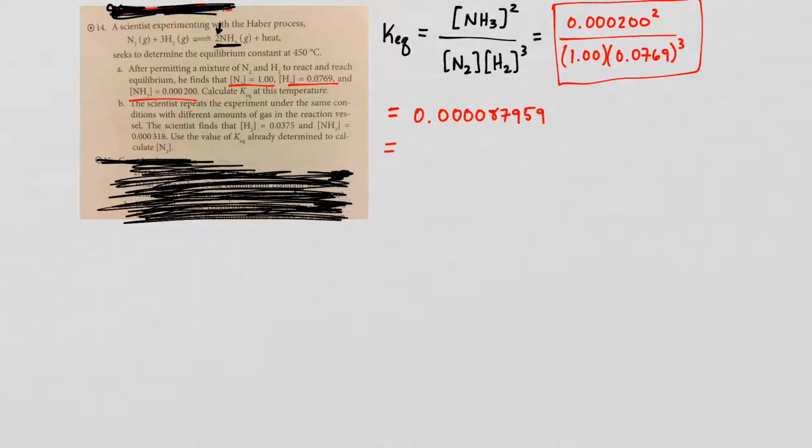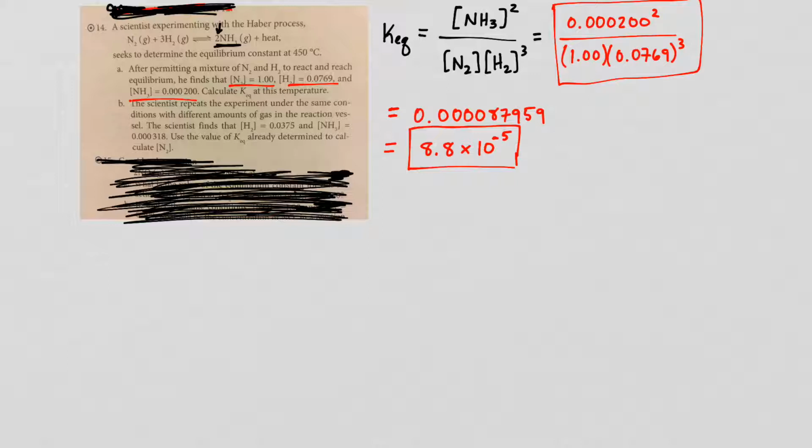If we wanted to simplify this, this would be like 8.8 times 10 to the minus 5th power. So KEQ equals 8.8 times 10 to the minus 5th power. Alright, so that's good for the first part, but let's look at the second part.